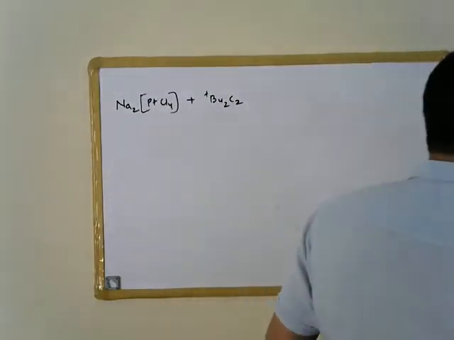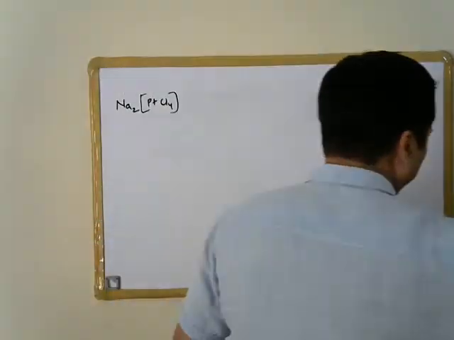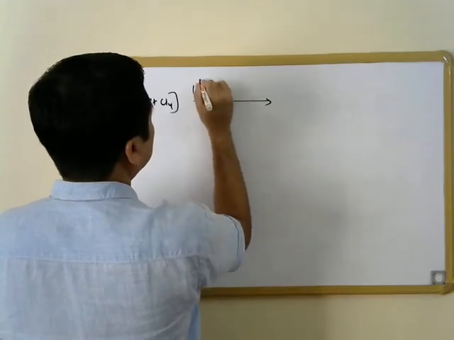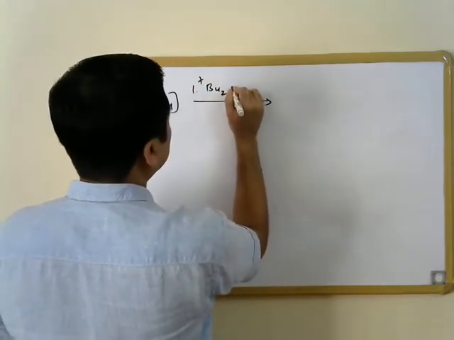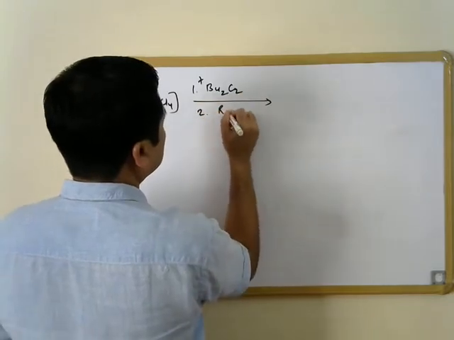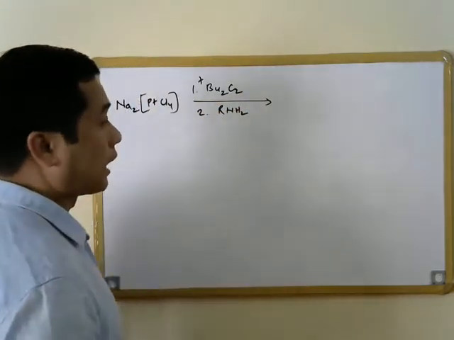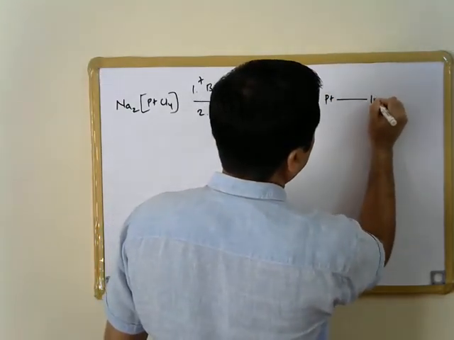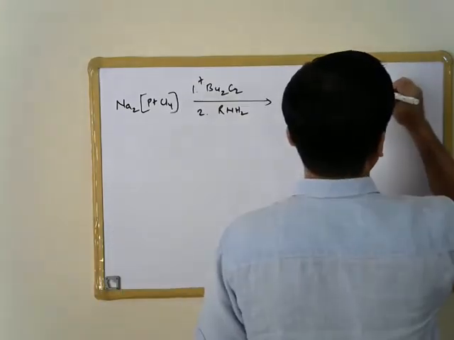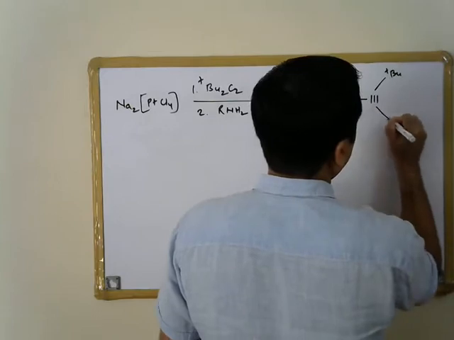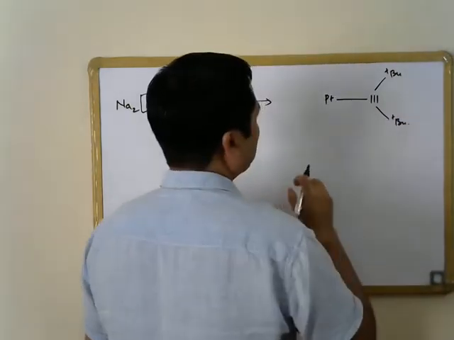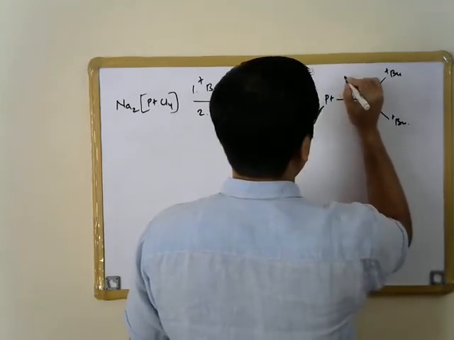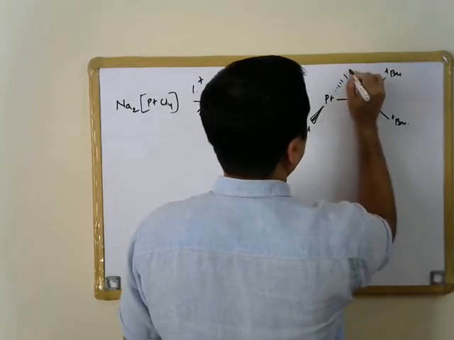In the first step, it is treated with di-tert-butyl acetylene for substitution of the chloride, and in the second step, it is treated with an alkyl amine to give us the final product, where the alkyne is bonded to the metal center in this way, and two of the chlorides are replaced.